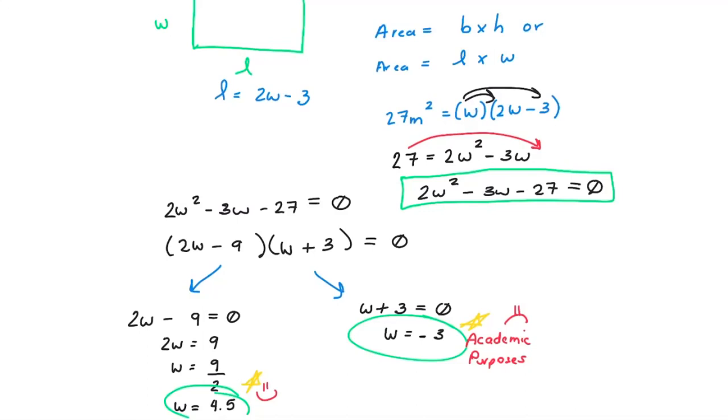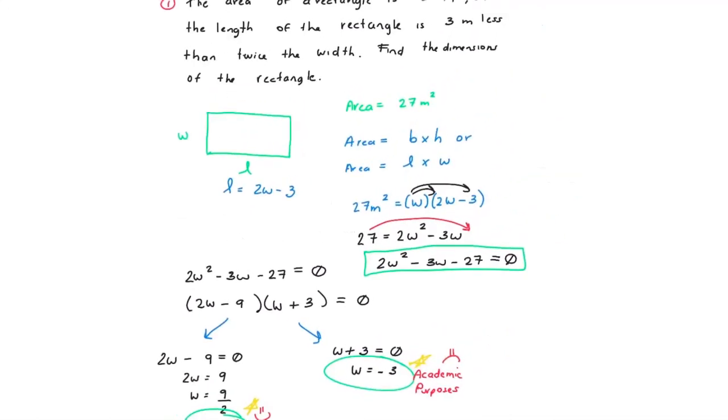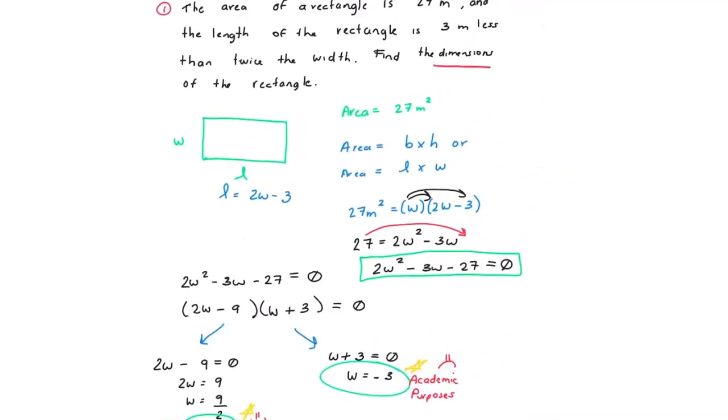So the question was to find the dimensions. Okay, so I have to go back to my problem and insert my values. I already know that the width is going to be equal to 4.5 and the length is going to be equal to 2 times 4.5 minus 3.